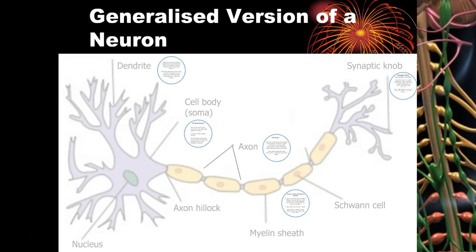This image is a generalized version of a neuron. So let's say this is an interneuron. The interneuron here has its head with its nucleus here, with the DNA, where the information about how to make one of these neurons is kept. It has these sprouts coming out of its head called dendrites, and these are where the sensory receptors would sit.